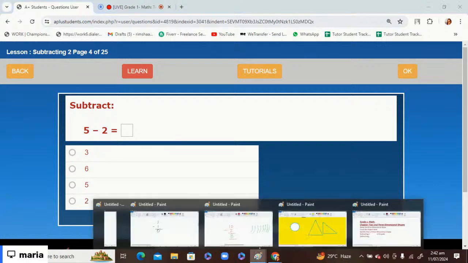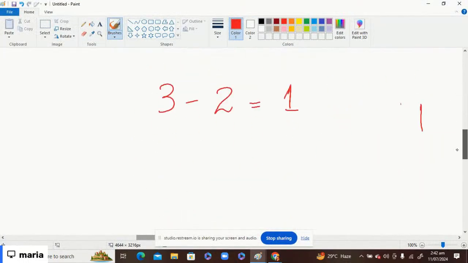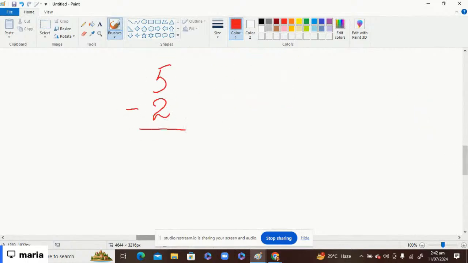So 5 minus 2, let's do this one. 5 minus 2. So how many lines are you going to draw? That is 5. It's 1, 2, 3, 4, and 5. And how many lines do you remove? It's 1 and 2. Then count the remaining lines. It's 1, 2, 3. So here 3 is your answer. Okay, then we get it.